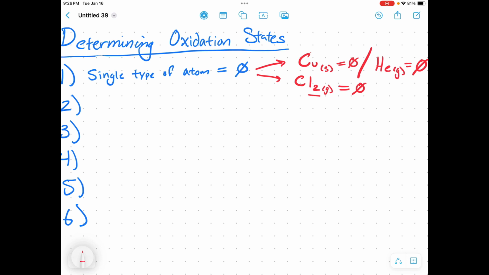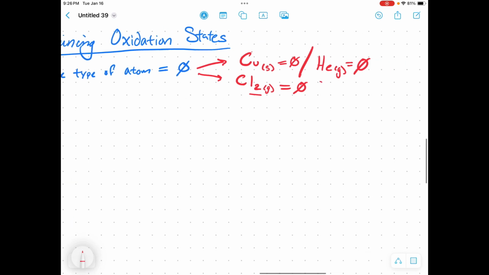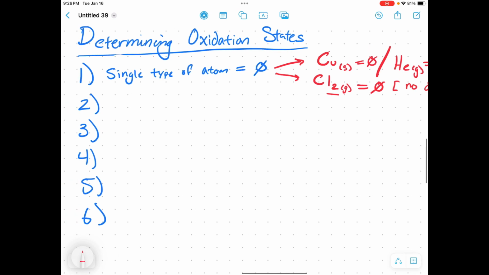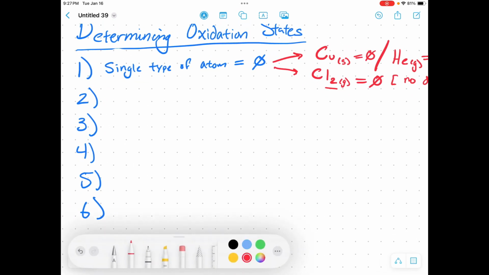So it's still going to have no charge. And the reason for that is there's no difference in electronegativity. It's not going to have one chlorine that's more negative or more positive in that sharing of electrons. So overall oxidation state of 0.